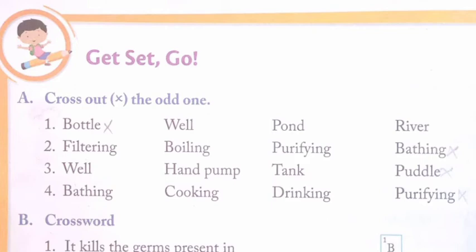Then number 3: well, hand pump, tank, and puddle. Well, hand pump, and tank are things in which we either store water or get water from, but puddle is the odd one, so we put a cross against puddle. Number 4: bathing, cooking, drinking, and purifying.